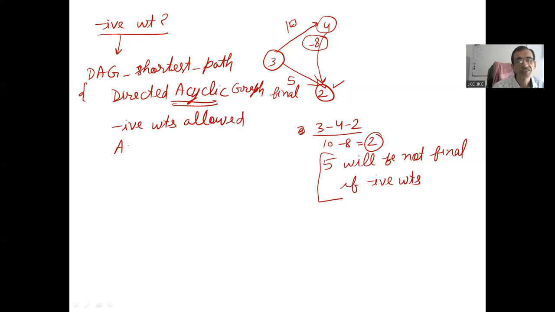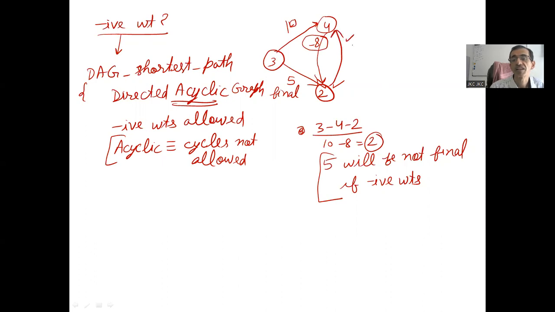Acyclic means cycles are not allowed; cycles won't exist. Earlier we had cycles also. In Dijkstra, cycles were permitted, but negative weights were not. In DAG, negative weights are permitted, but cycles are not. Later we will have another algo where both will be permitted.